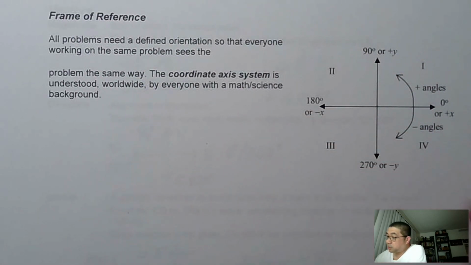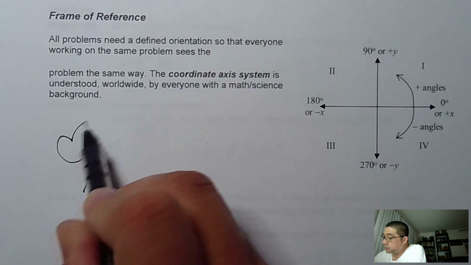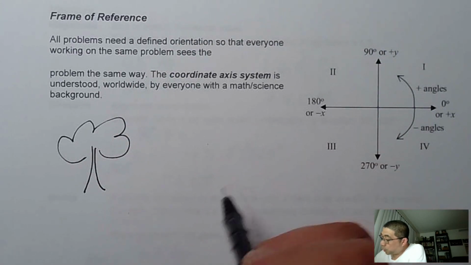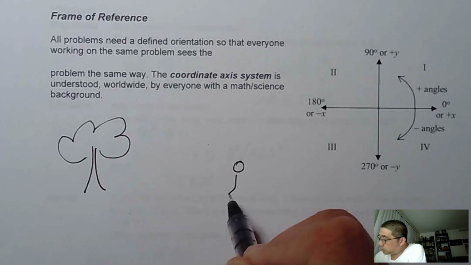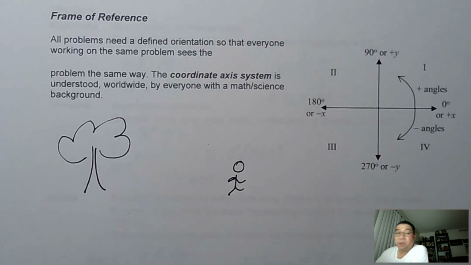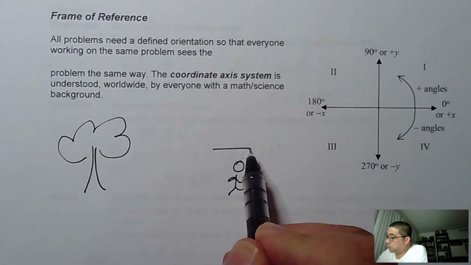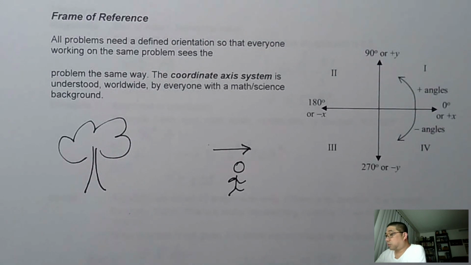So for example, let's say I have this beautiful tree over here, and you have yourself right here, and you want to figure out your velocity, or how fast you are moving away from the tree.